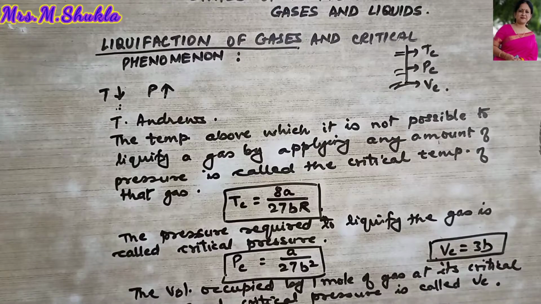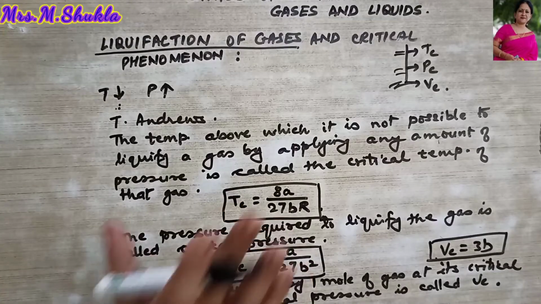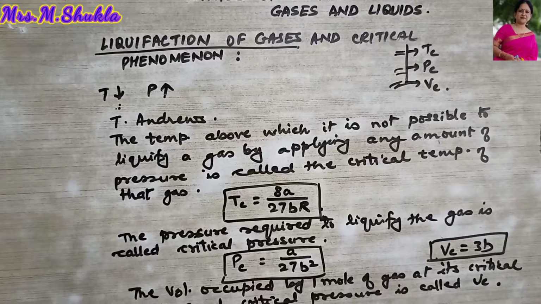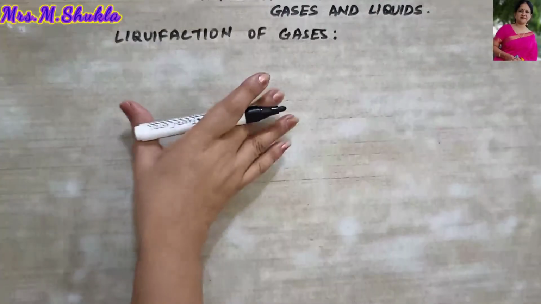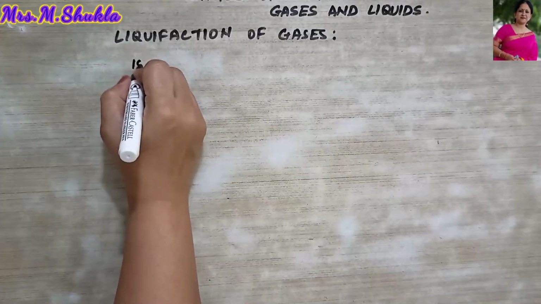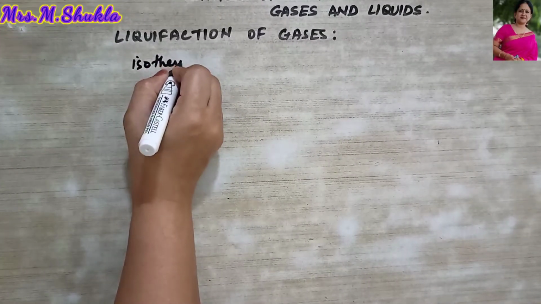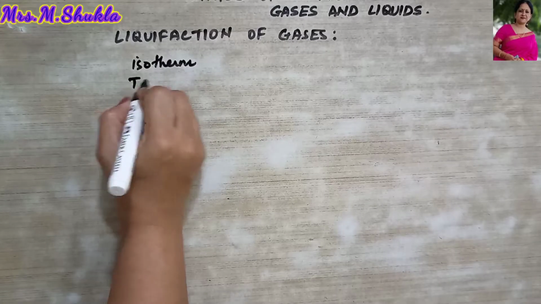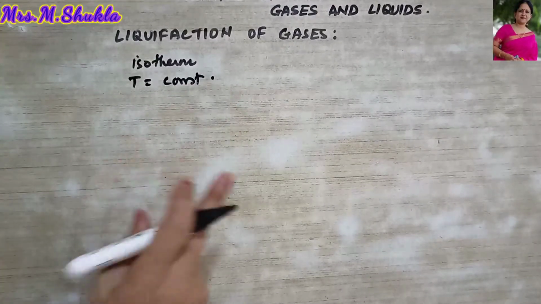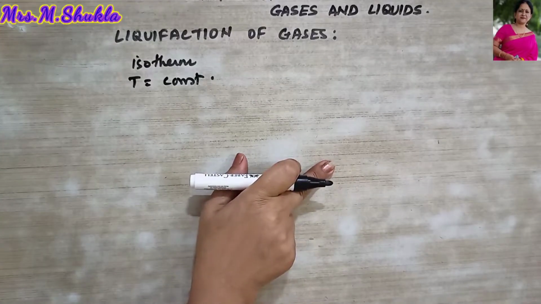Now, Andrews, he compressed carbon dioxide and he created an isotherm, right? In isotherm, what do we mean? Where temperature is kept constant. So now look at the graph at this side.